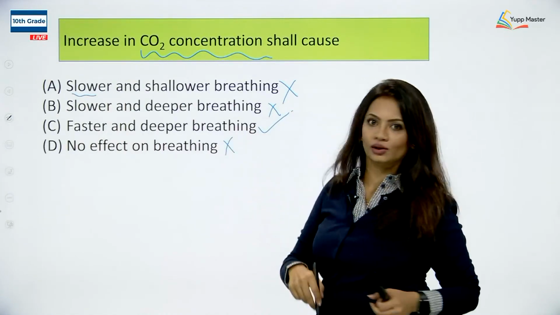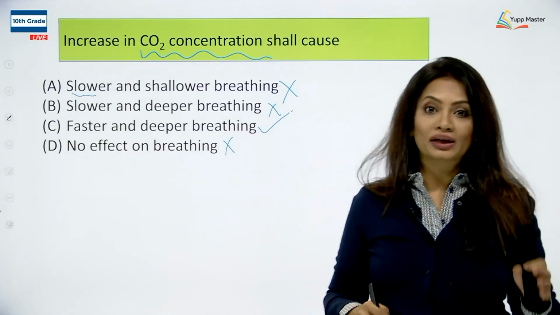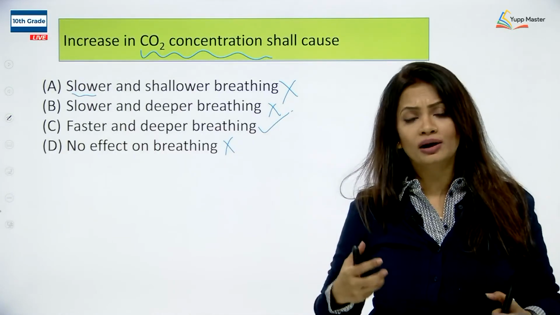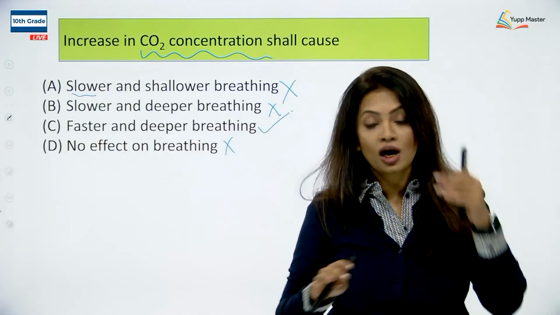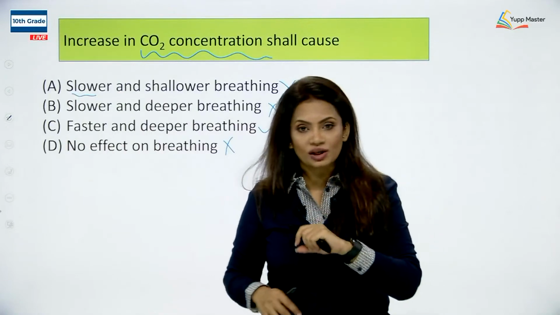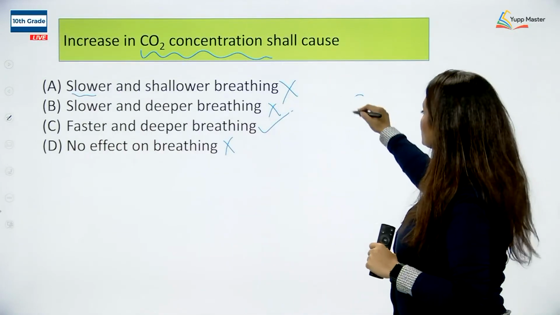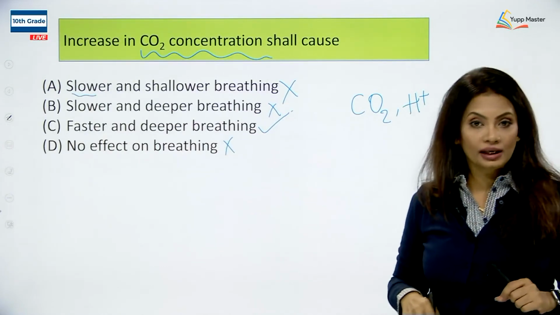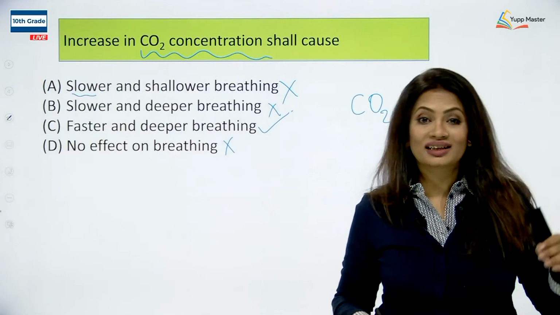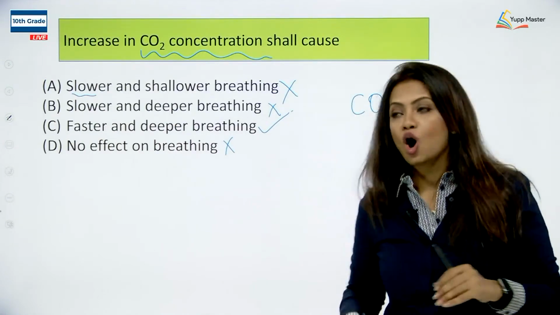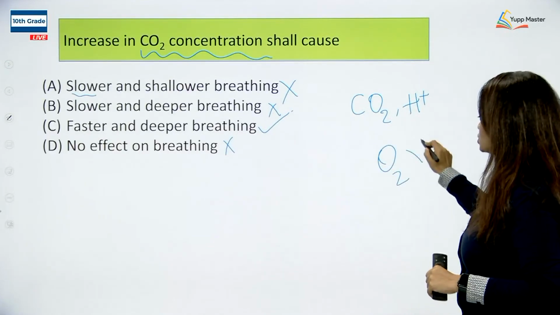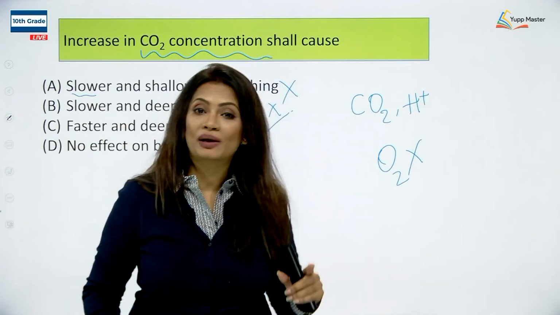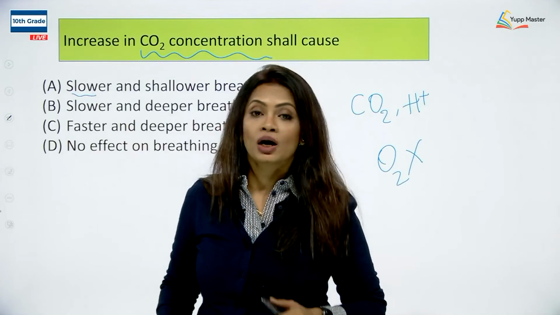So all the effects on breathing, whether it is slow, fast, or deep, are brought about by changes in the level of carbon dioxide, not at all by changes in the level of oxygen. In fact, if you'd like to add to it, along with carbon dioxide, even H plus ions are going to be affecting the rate of breathing, because if carbon dioxide levels are increasing, then H plus ions have also increased. But oxygen has no role to play in how much or how fast you are breathing. All of that depends only and only upon carbon dioxide.